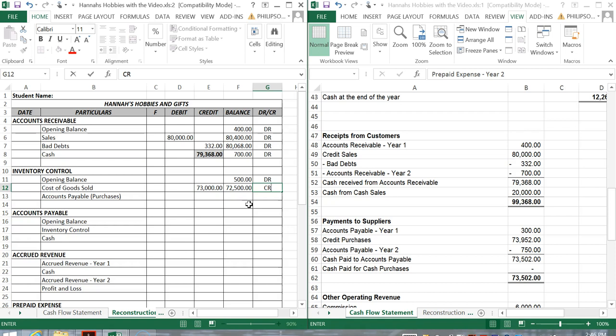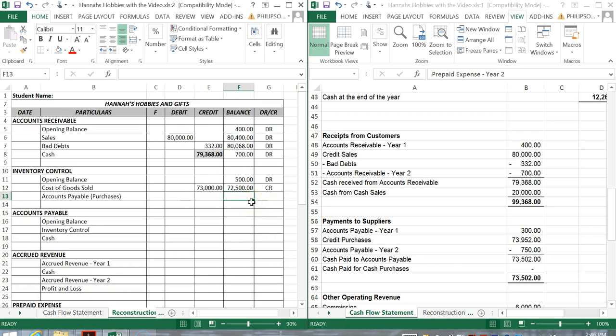And for those of you who are still a little bit stuck on that, typically we would go equals that minus that, but we end up with a negative number, and we don't want a negative. Our debits and our credits tell us whether something is positive or negative. So in order to end up with a positive figure, 73,000 minus 500.